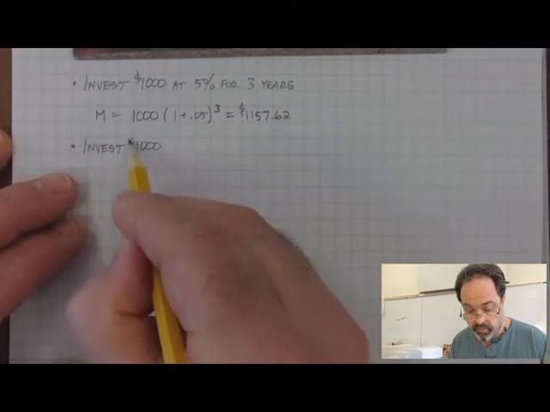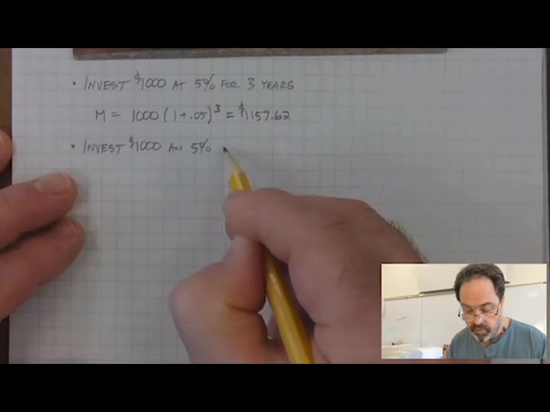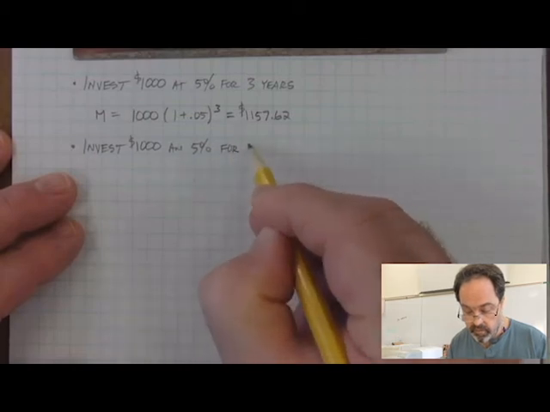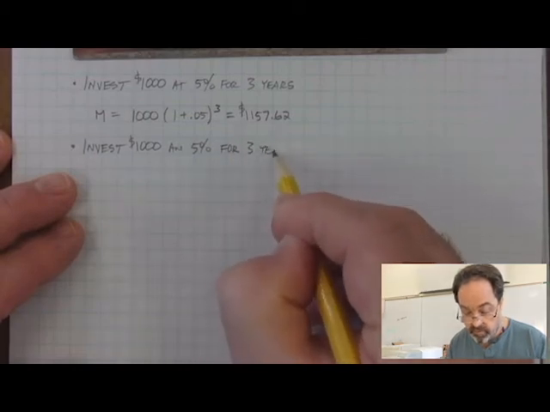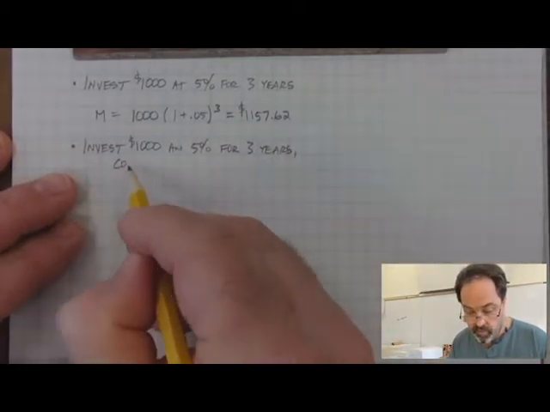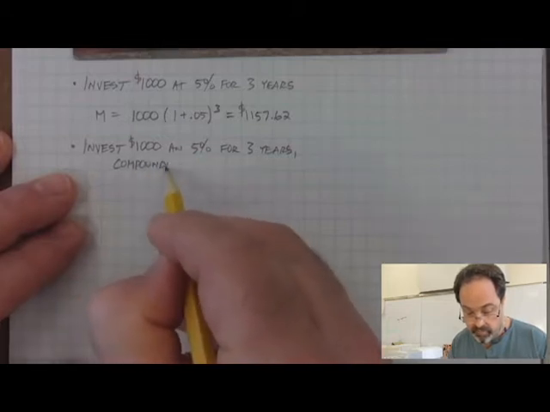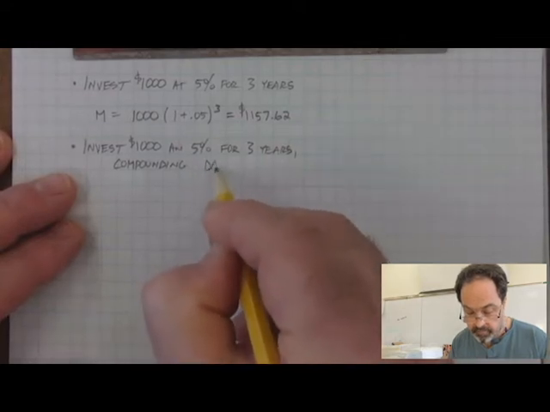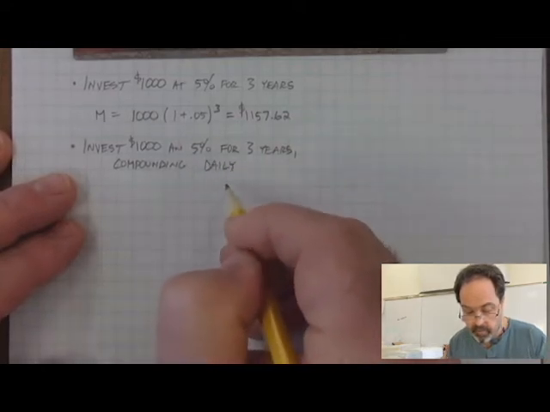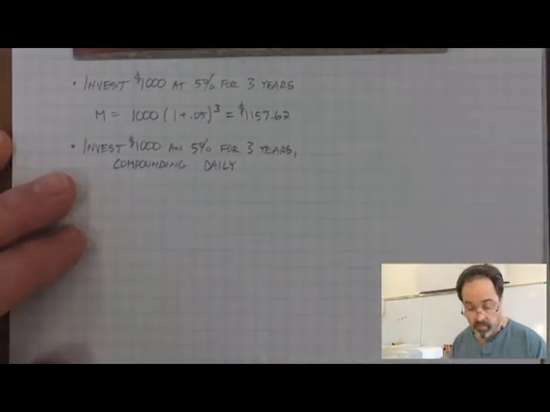We could imagine investing the same amount of money at the same interest rate for the same amount of time, but what's changing is that we're going to imagine applying the interest daily, or 365 times per time period of 1 year.